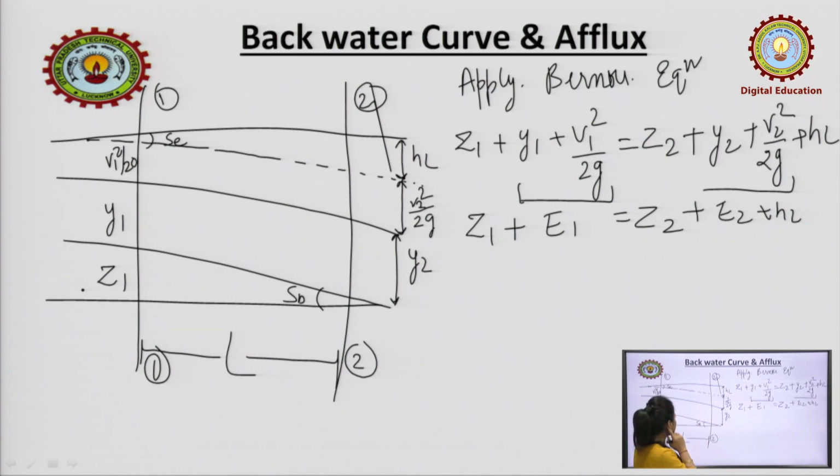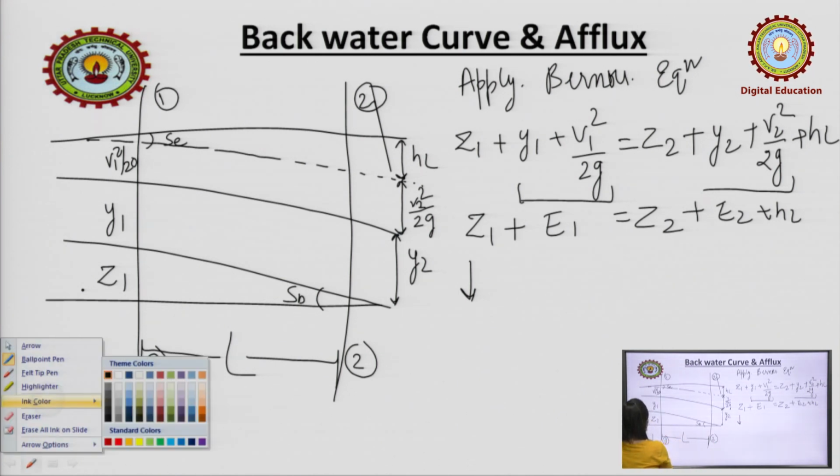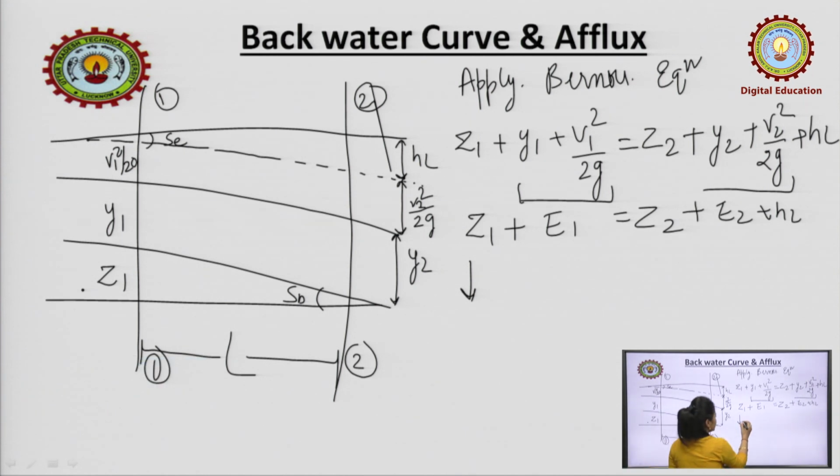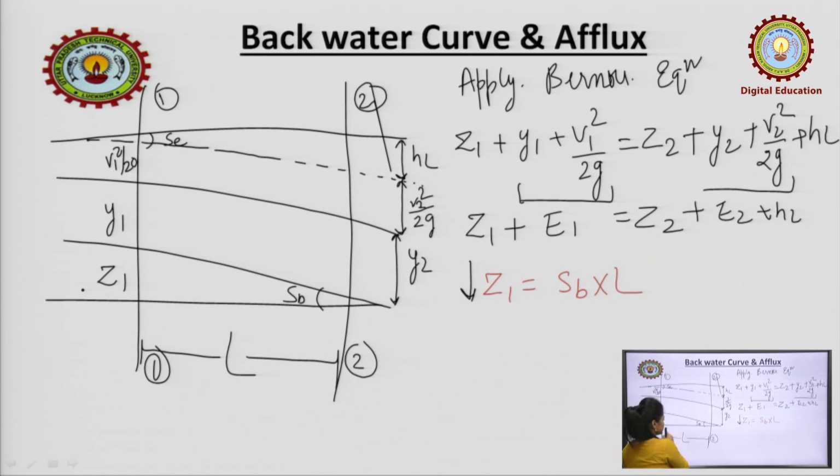From the diagram you can see, what is Z1? How are we going to calculate Z1? Z1 can be substituted as SB into the distance L. Next, HL.